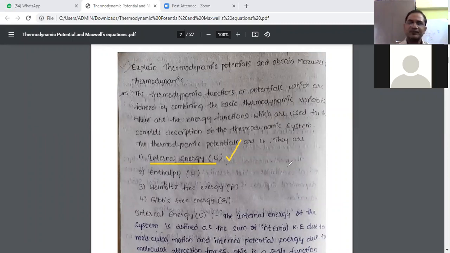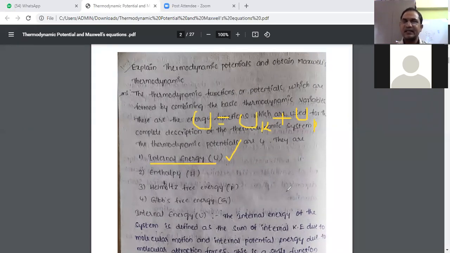So the internal energy of the system U is equal to internal kinetic energy UK plus internal potential energy UP. If the internal energy of the system increases, its temperature increases.